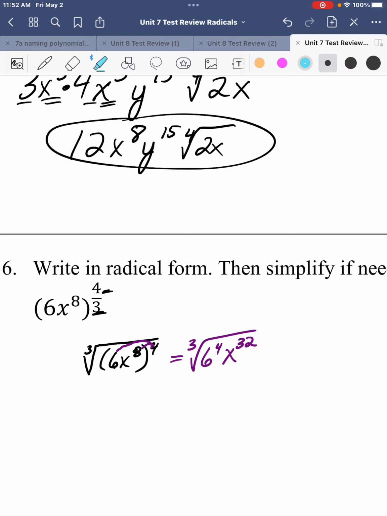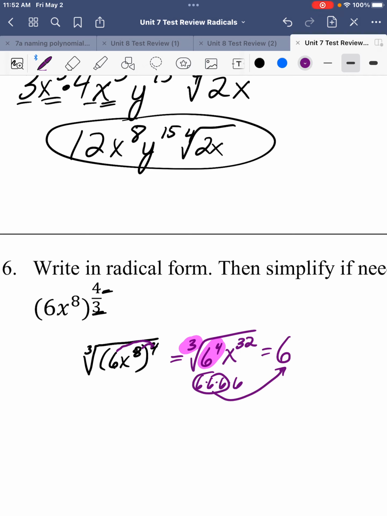Now I'm going to look at each individual part and simplify it. We have 6 to the 4th, so I think I have 4 of 6s, that's what I would think of, and I can do one group of 3. So in other words, you can write it out like this. There's the one group, so that 6 is going to come out in front, because the cube root of 6 times 6 times 6 is just 6.